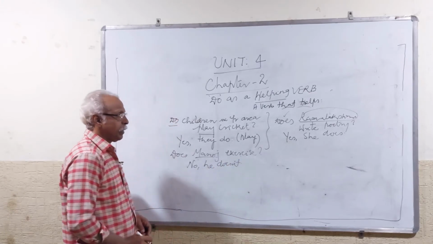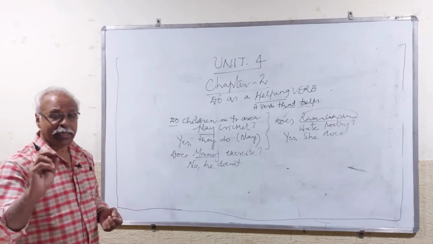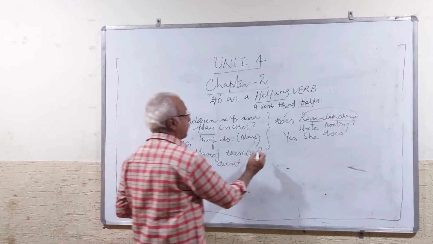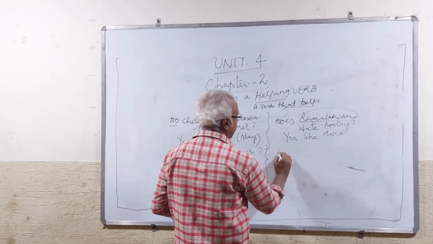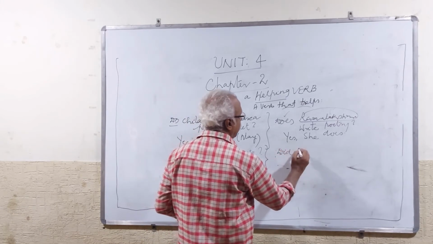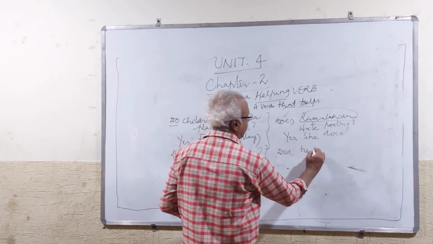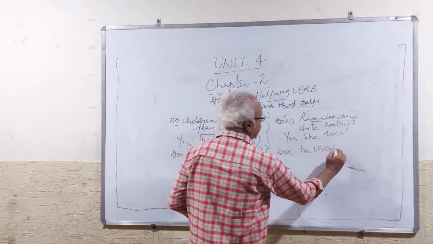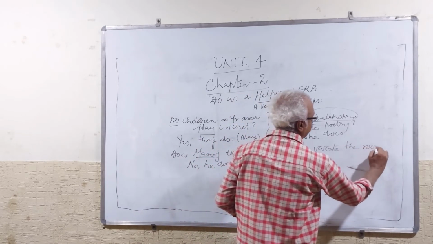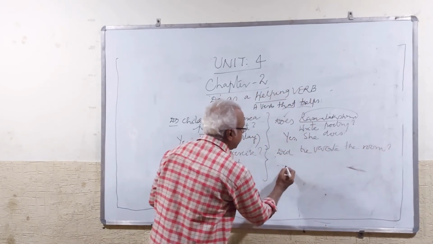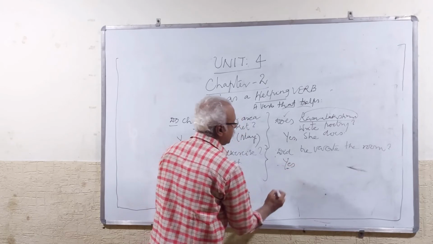Suppose the action is past tense, how do you use it? Did they vacate the house? Did he vacate the room? The answer would be, if it is positive, yes, he did.